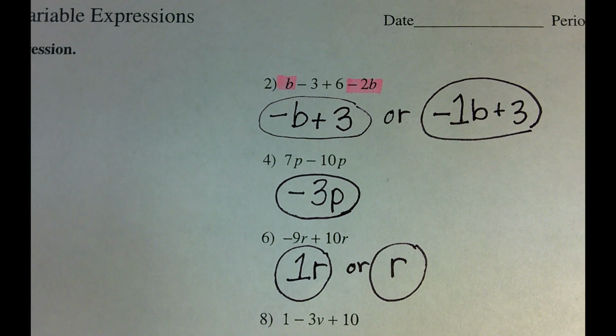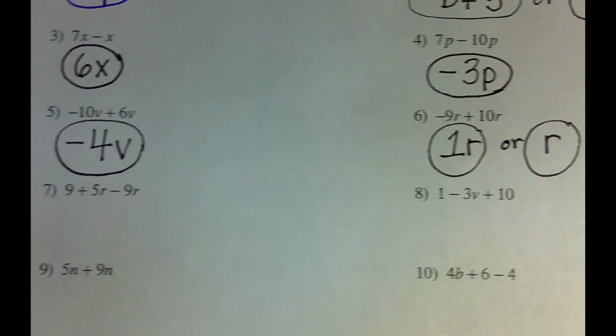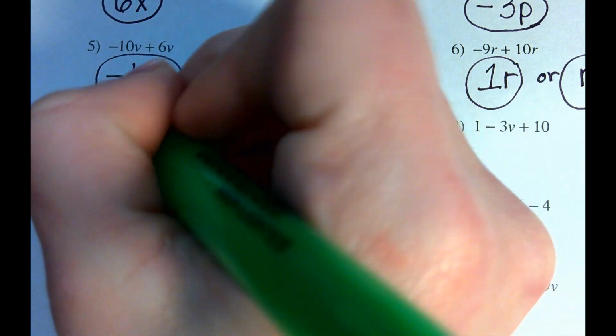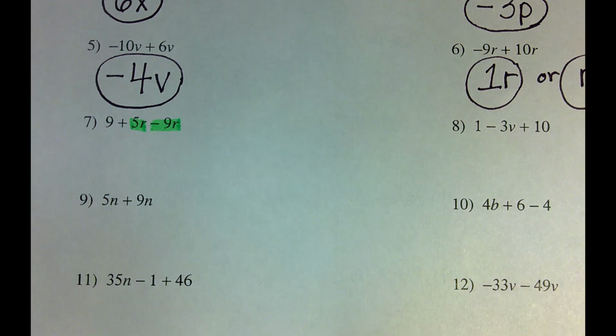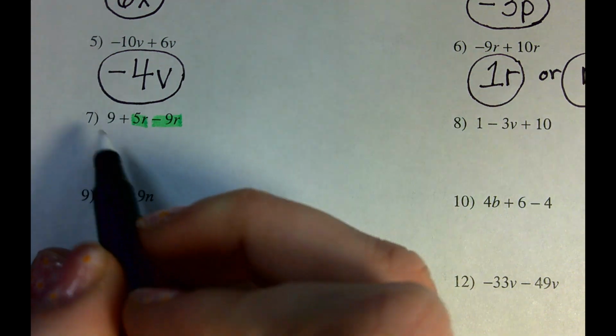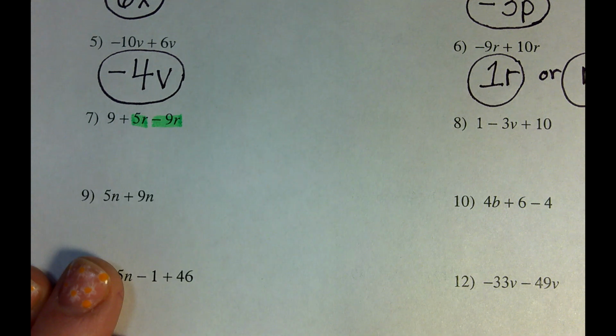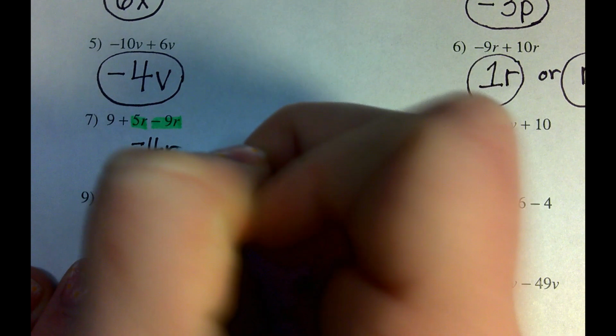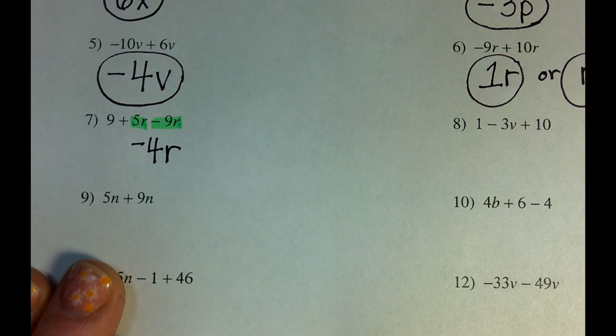Okay. All right, let's try number 7. Now, what are our like terms? We have 5r, we have negative 9r. So we can put those together. So what's 5r minus 9r? Negative 4r. And what else? You bring down the 9.